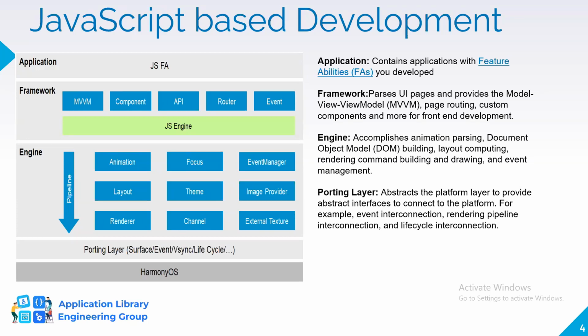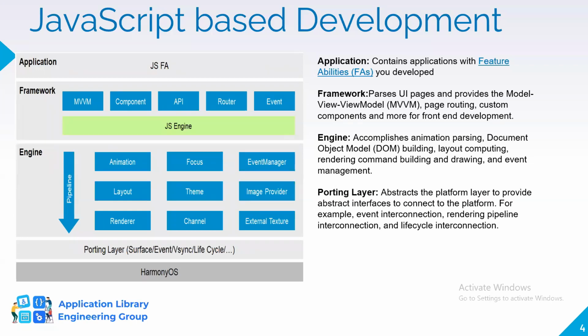Coming to the JavaScript-based development paradigm, it's more or less like our web development framework, which includes HTML, CSS and JS, but in our HMOS SDK, it involves HML, CSS, and JavaScript files.